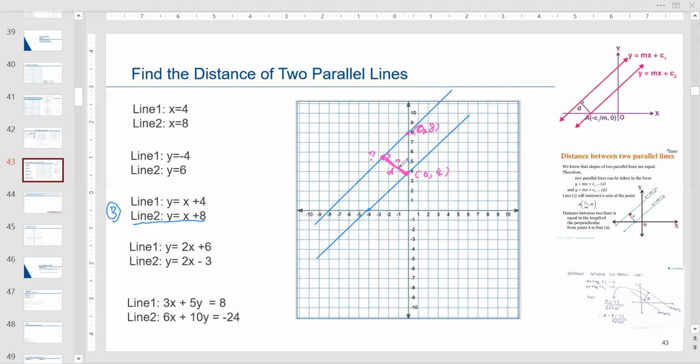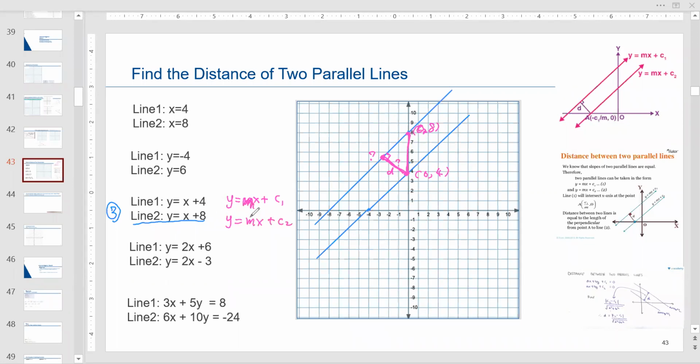Okay, so we can get it from here. This part actually is C2. If we say y equals mx plus c1, this one was mx plus c2, right?